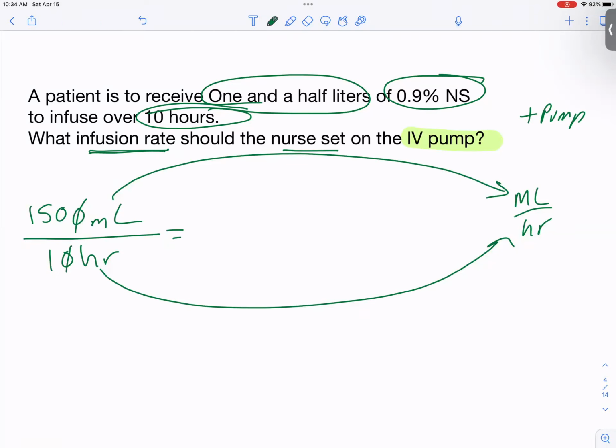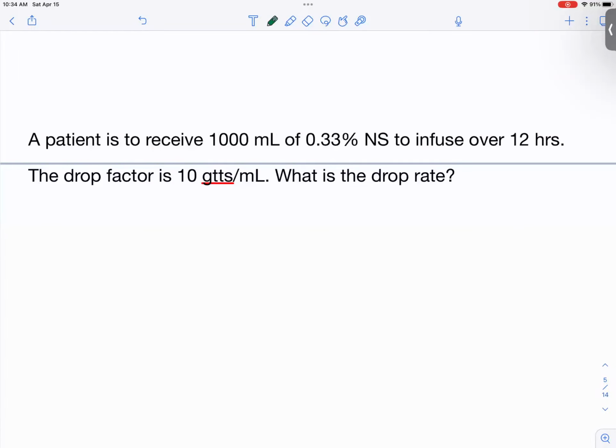But if you were to do it the long way, you would divide 10 into 1,500, and that will give you 150 milliliters an hour. So you would literally go to the IV pump, hang the bag, and then run your tubing through the machine and press 150 and start. And that machine will automatically deliver 150 milliliters every single hour into your patient. Beautiful. Now, what about this order?